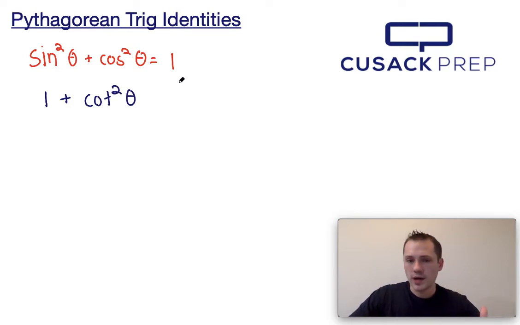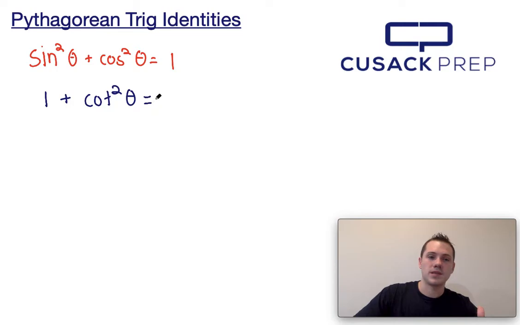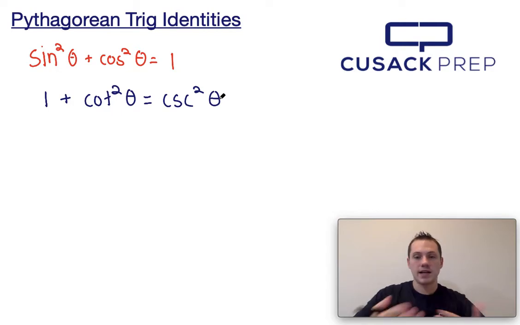And if I divide 1 over sine squared of theta, well, 1 over sine, what's that? That's cosecant. So 1 plus cotangent squared of theta is going to equal cosecant squared of theta. And you can see how I didn't have to memorize that. I was able to just figure it out by dividing everything by sine.